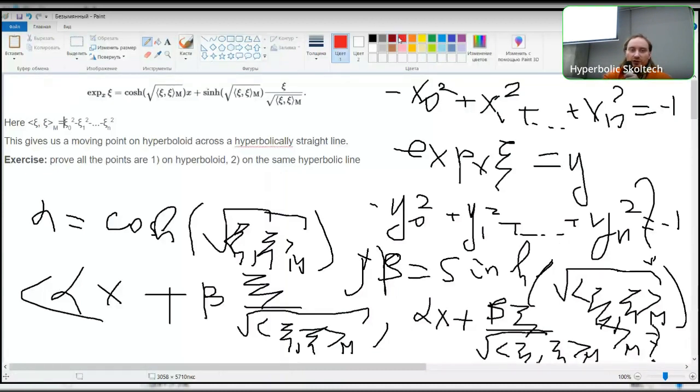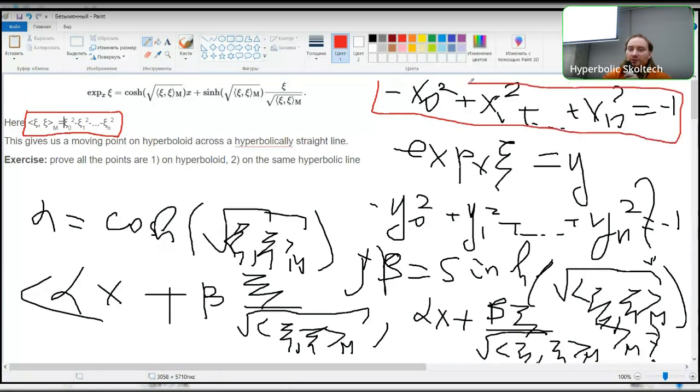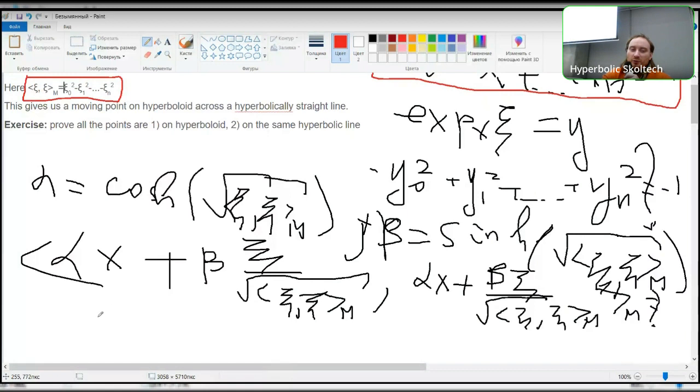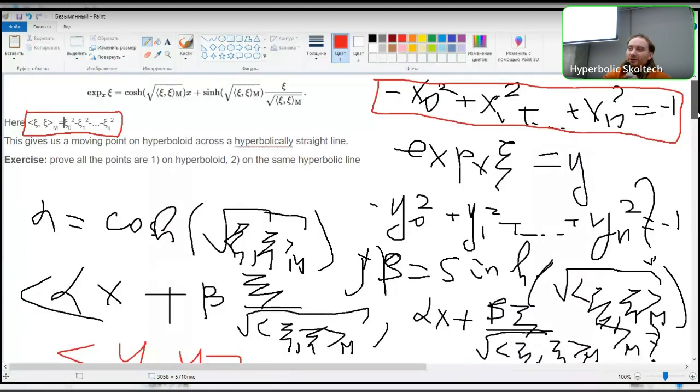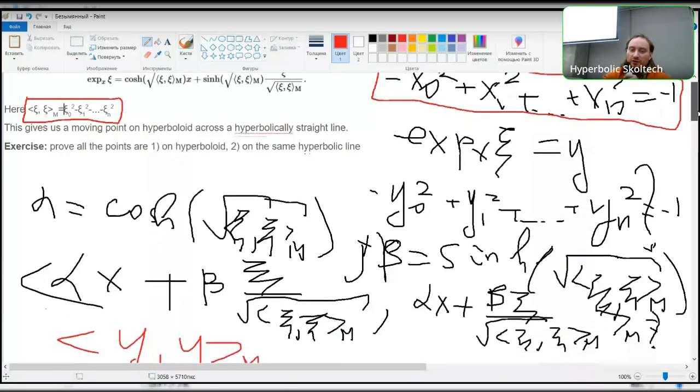You can see the definition of the Minkowski scalar product, the scalar square, is like this. What is the definition of the scalar product of y belonging to the hyperboloid? It should be equal to 1.